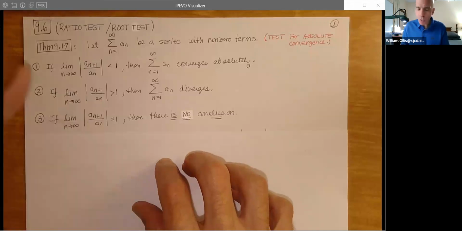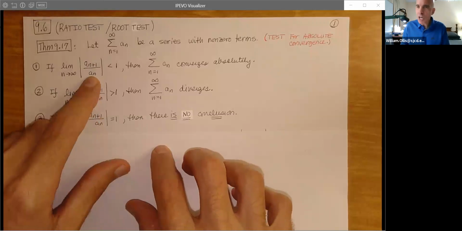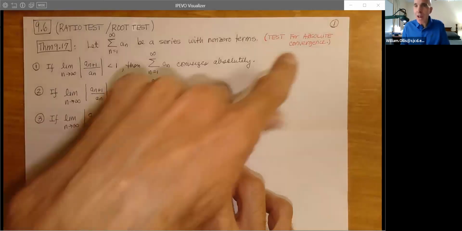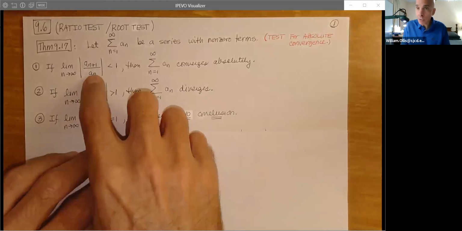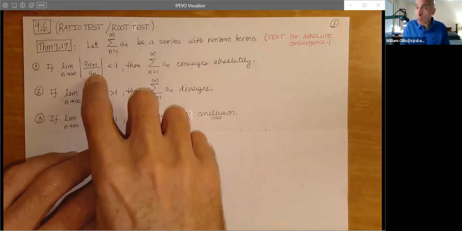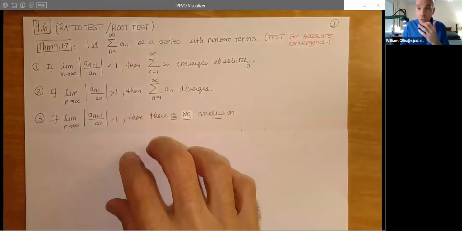Here, it's just a little bit more complicated, but not much. We look at the ratio of two successive terms, a sub n plus 1 divided by a sub n. But again, this is a test for absolute convergence, so we look at the absolute value. So again, maybe we will be nullifying some change in sign. Sometimes we don't, but that's okay.